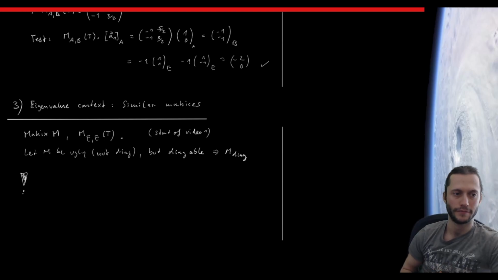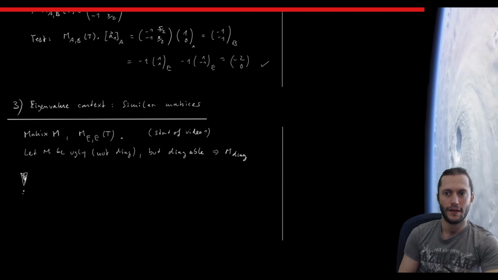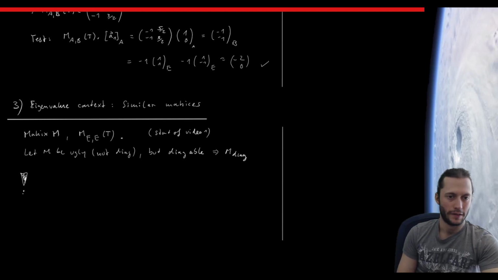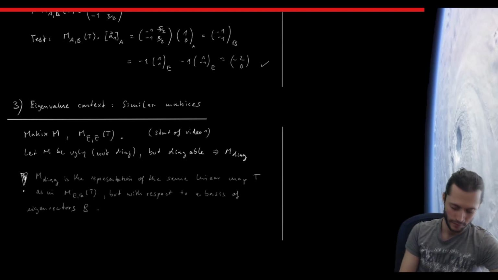Now, let's make a statement. We are saying, and this is the answer to the so often posed question here, M_diag is the representation of the same linear map as M_EE was, the starting matrix, but with respect to different bases. So let's write that down real quick.